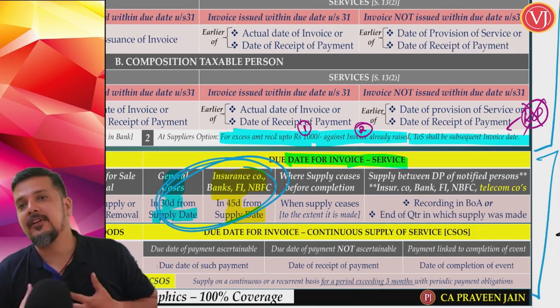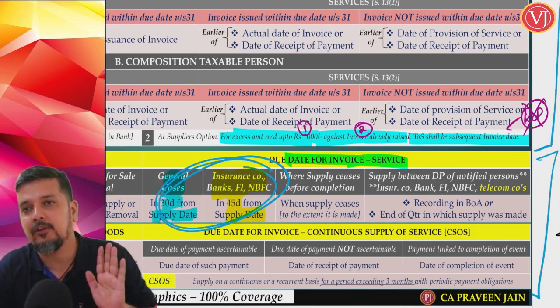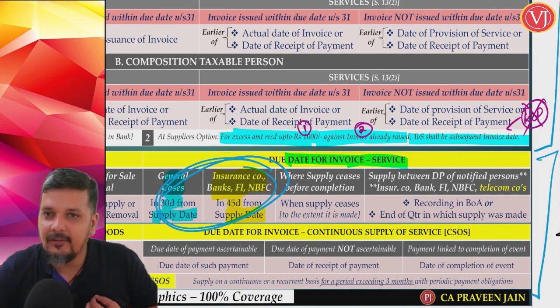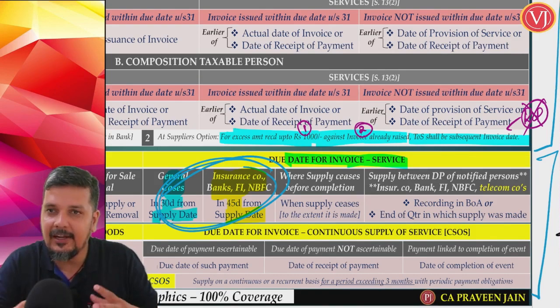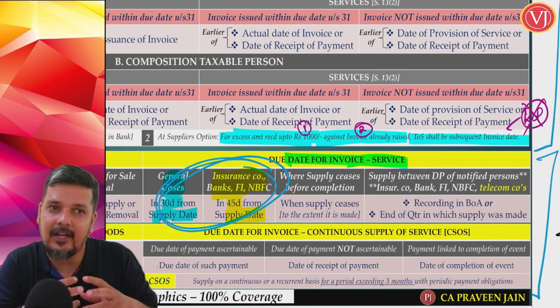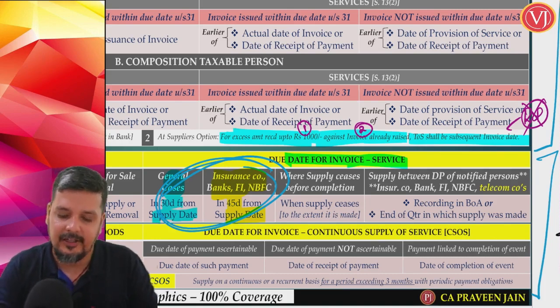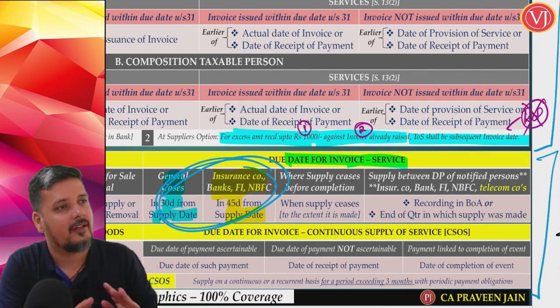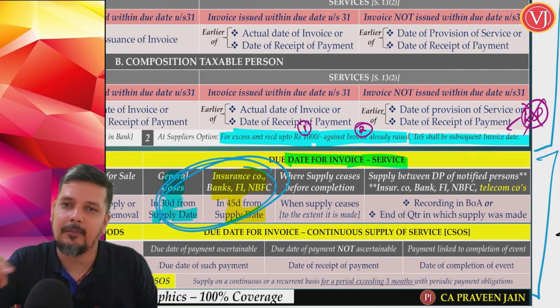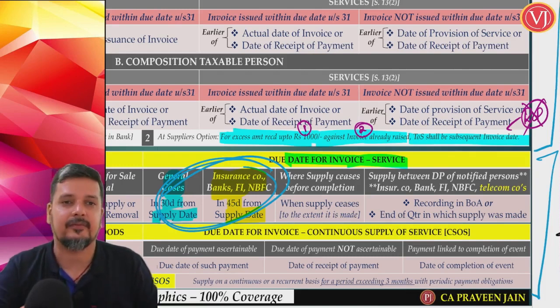The opposite person tells that you have paid me 1200 and the invoice shows 1180, I don't have change of 20 rupees. Can we adjust this 20 rupees in the next billing cycle, which means can we treat this 20 rupees as advance? They are telling that ignore this advance. Time of supply will be the next invoice date. You forget about receipt of payment, it will be the next invoice date.